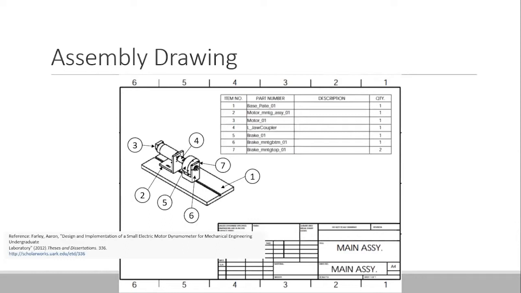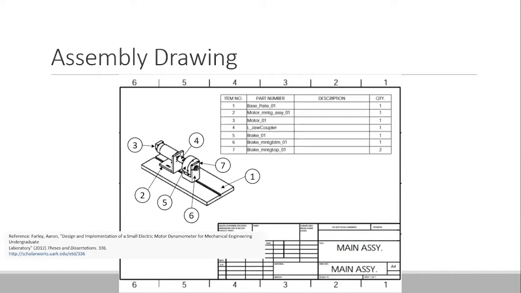The description is blank here, but you need to provide a description about specifically what that part is going to do, a short description, and the amount of parts or the quantity that you are using in that assembly. So that is a top level assembly drawing, which basically contains the information of all the parts that are going to be there in your design.